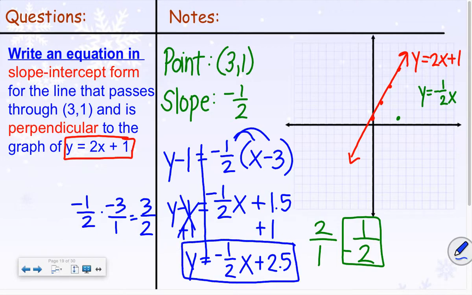So I'm going to go up to 2.5 and rise -1, run 2, rise -1, run 2. My line should go through that point. And once again, double check and make sure, are our slopes flipped and changed? 2 and -1/2. Summary.